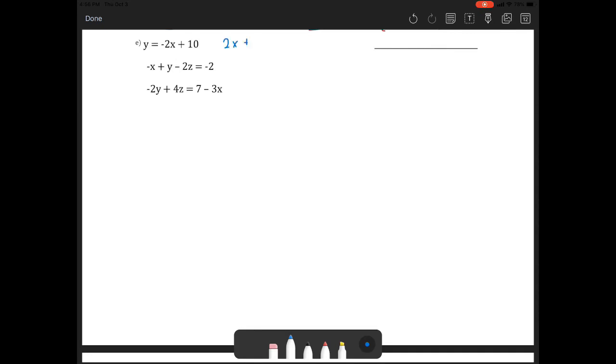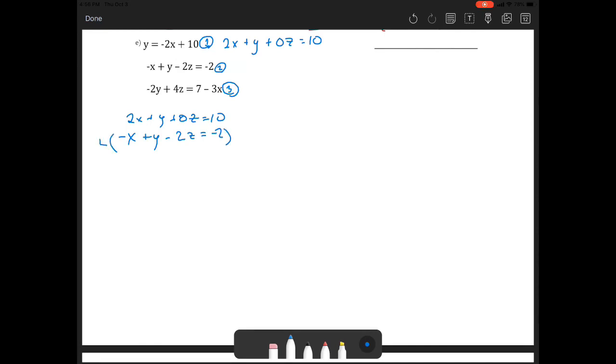So I need it to be 2x plus y plus 0z equals 10. That's the first equation, my second equation, and my third equation. So I'm going to take my first equation, which is 2x plus y plus 0z equals 10, and my second equation, which is negative x plus y minus 2z equals negative 2.